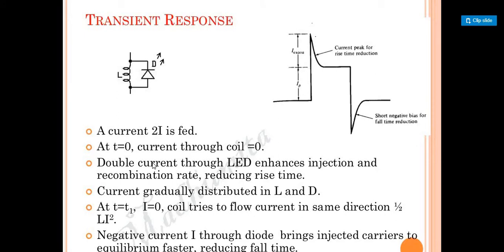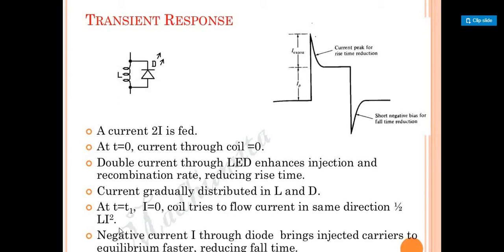So the current is gradually distributed in both your inductor and your diode. Clear? So at t equals t1, suppose we reach t1, at that particular time what is going to happen? I equals 0. That means the coil tries to flow current in the same direction, like half L I square. Because we know the energy of an inductor is half L I square.